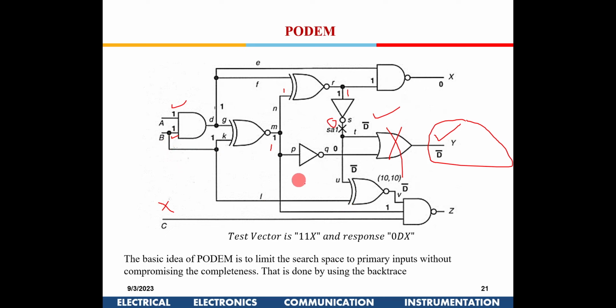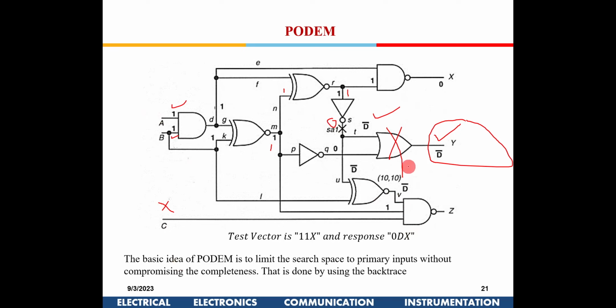Then it will go back again and start from where it was. Can 1 0 meet this requirement or not? With the PODEM algorithm, every time it encounters a problem, it will go back and do a different selection of the primary inputs.